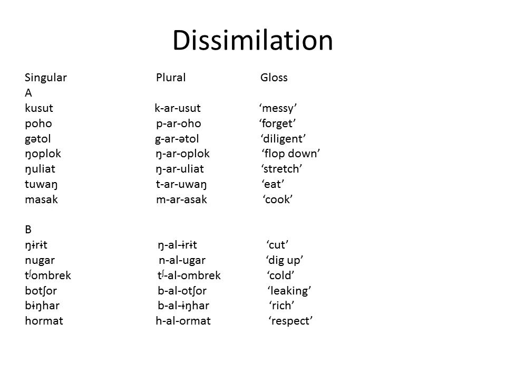In this language, to give the plural form, we insert the infix ar after the first consonant. Kusut, karusut. Karusut is derived from kusut, and karusut is the plural of the singular form, kusut.